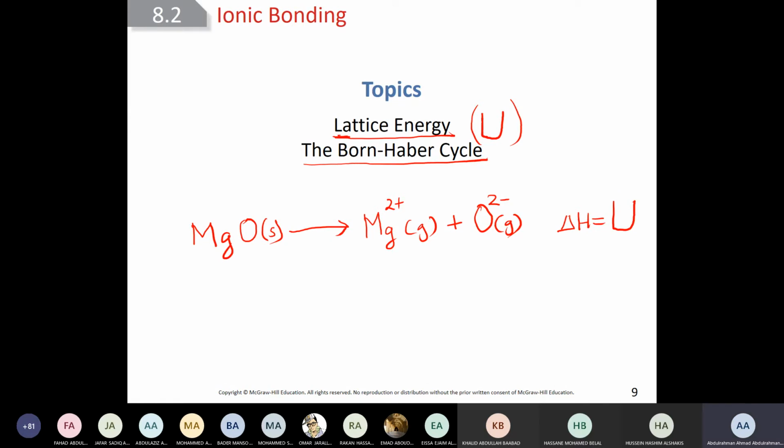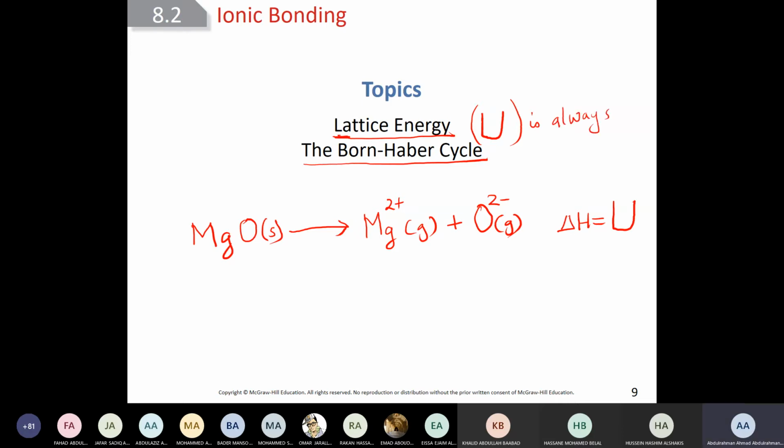Again, I will repeat the meaning of lattice energy. The lattice energy is the energy required to take a solid compound into gaseous ions. With this equation, lattice energy is always what?